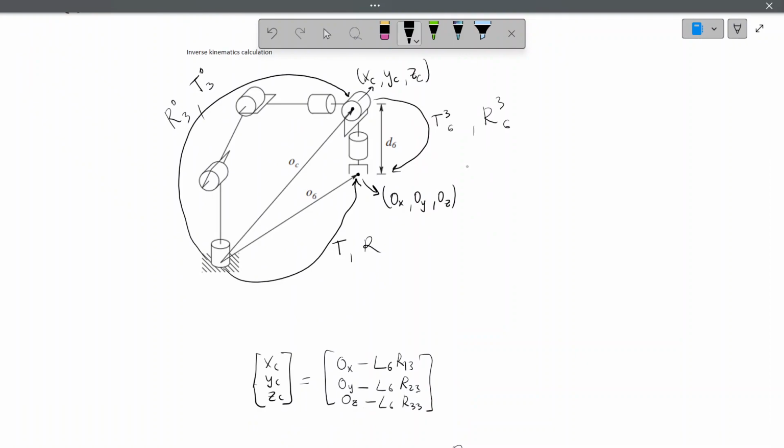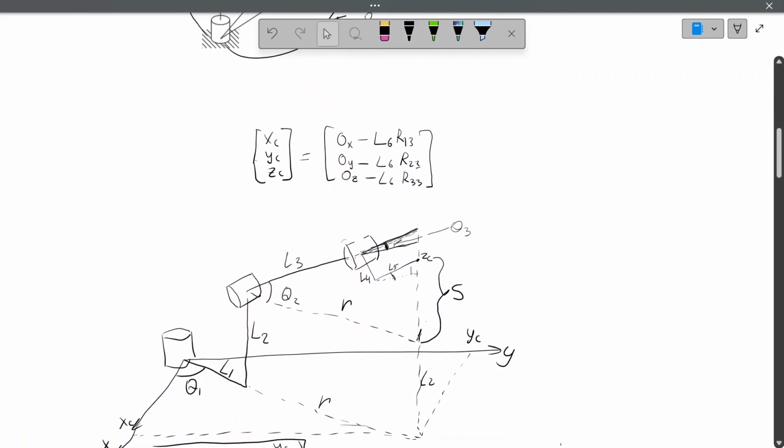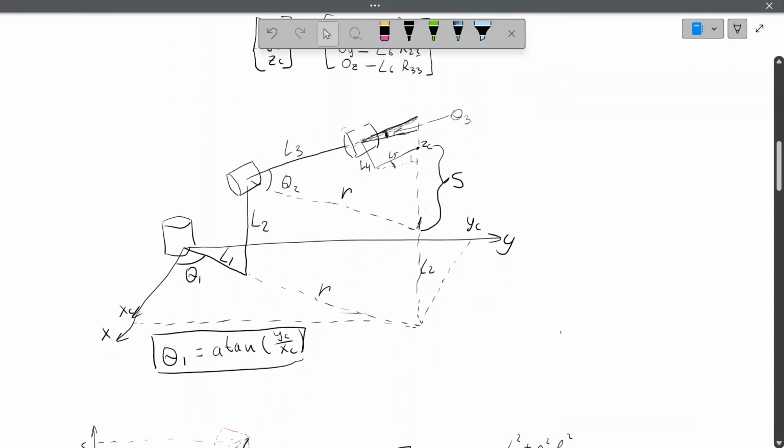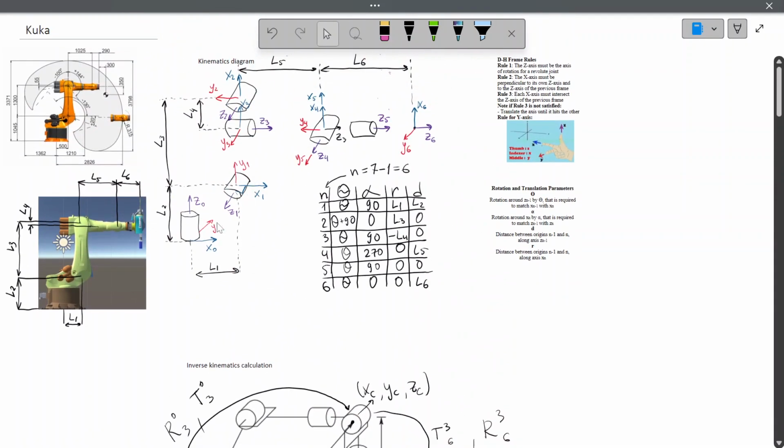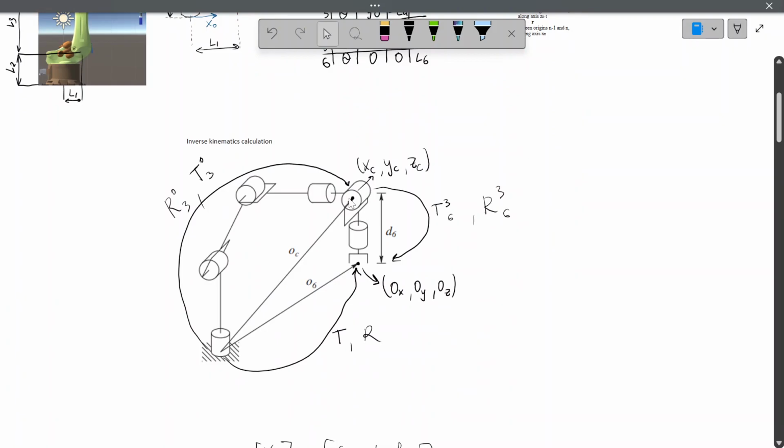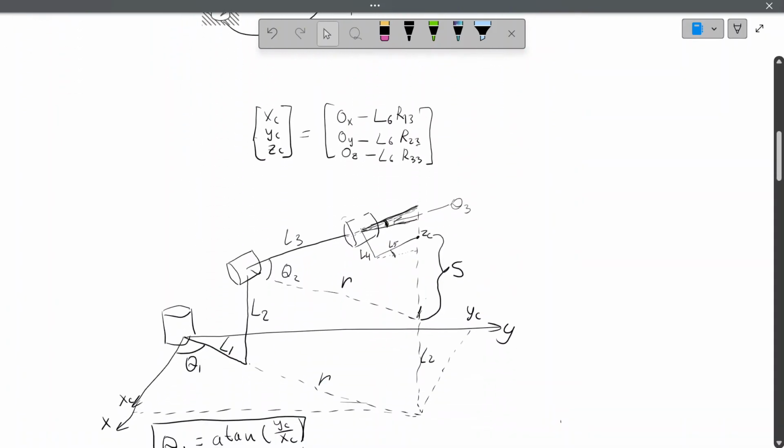Here we have three joints and this part, the same as we drew before, L1, L2, L3, L4, and L5. We just redraw this without the last three joints, since these last three joints only make rotation and don't change this point, as we saw before.